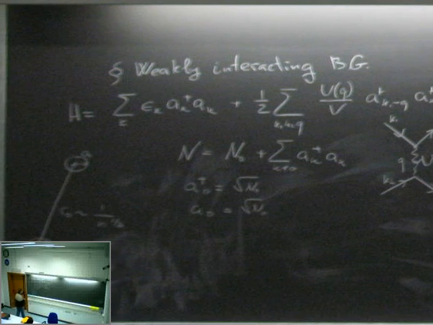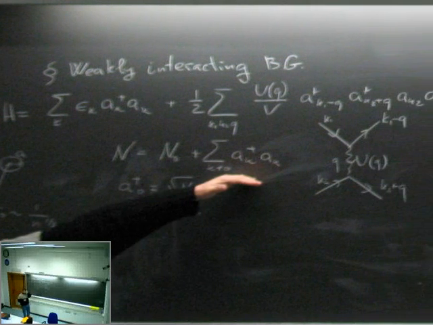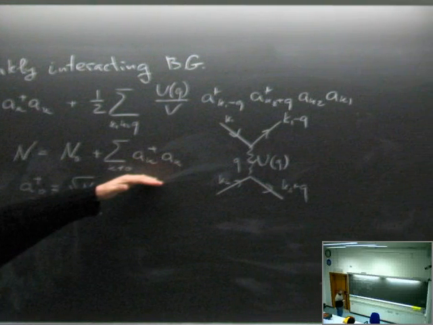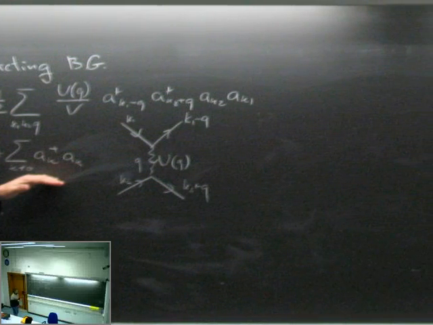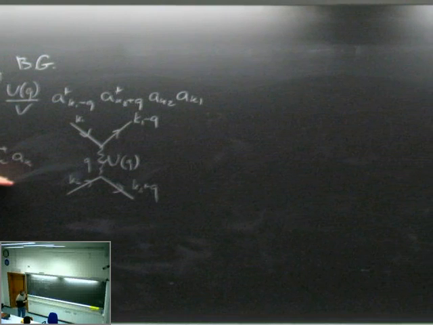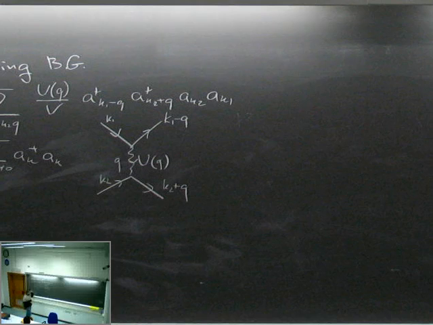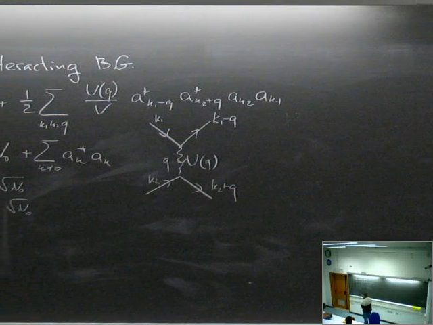Since we know that the number of out-of-condensate particles is smaller than the number of particles in the condensate, we will try to drop small numbers and diagonalize the quadratic form. Okay, in order to do that, I'm repeating very briefly what I have done last time.